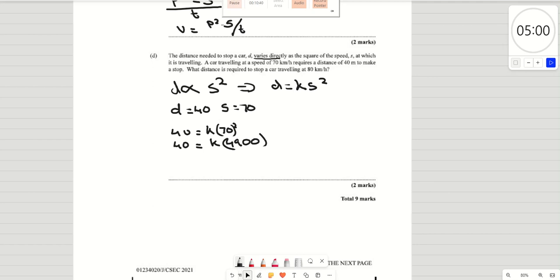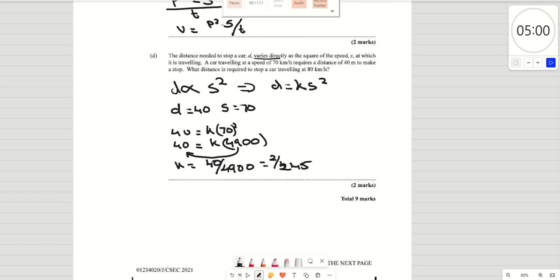Okay, so we're going to solve for k. If we're going to make k the subject, you're going to carry across 4,900 over the equal sign. So k is equal to 40 over 4,900, right? 40 over 4,900 is equal to 2 over 245.